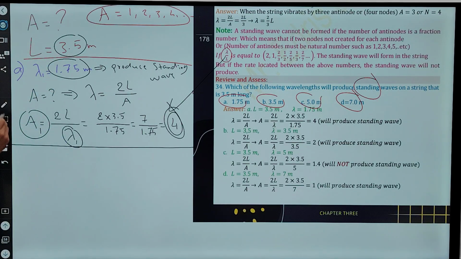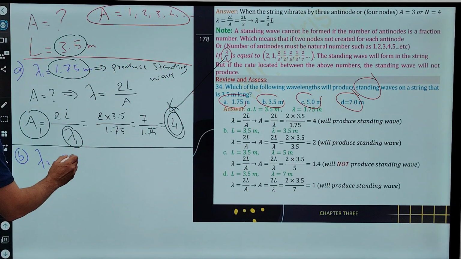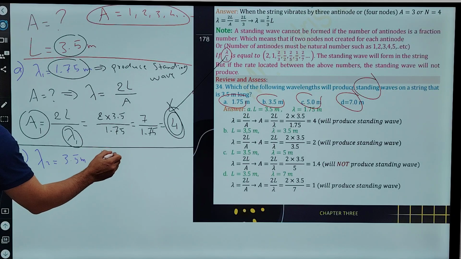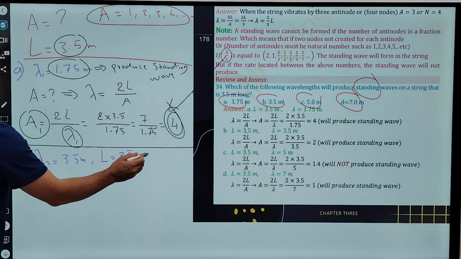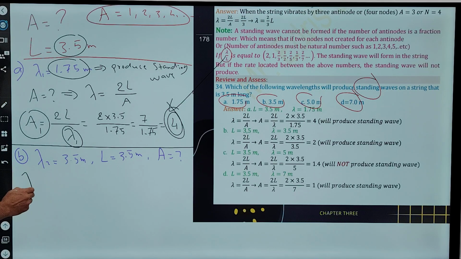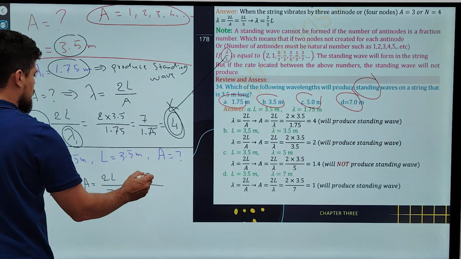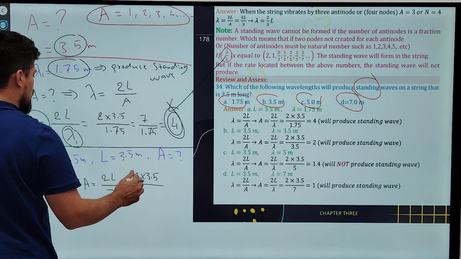For the second one, B, wavelength number 2 is equal to 3.5 meters. L is the same, 3.5 meters. A is equal to what? To find whether this wavelength produces a standing wave or not, lambda is equal to 2L over A, so A is equal to 2L over lambda. 2 times the length of the string is constant for all situations.